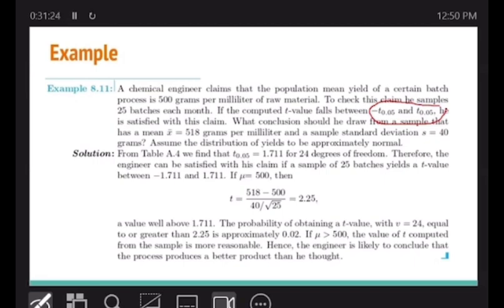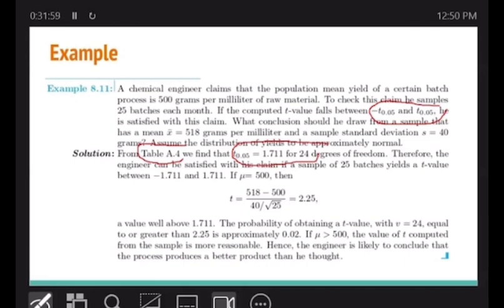Now what we are going to do is go to the table. Table F8.4 in the textbook: you check under the degree of freedom 24. Why is it 24? Because the sample size is 25, and degree of freedom is sample size minus 1. Does that make sense? Under the degree of freedom 24, at alpha level 0.05, it gives us 1.711.